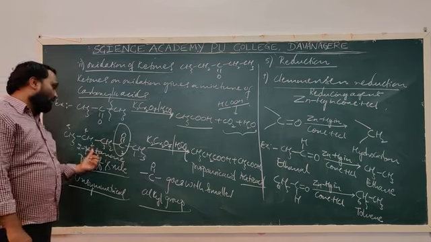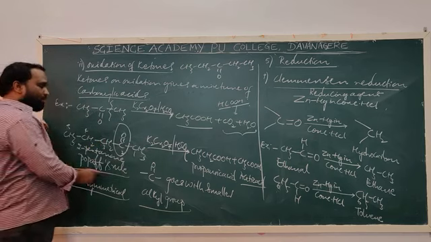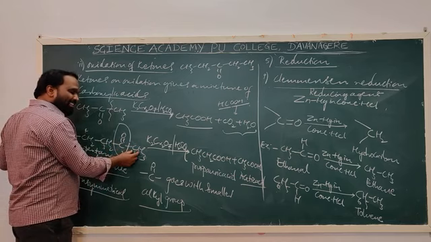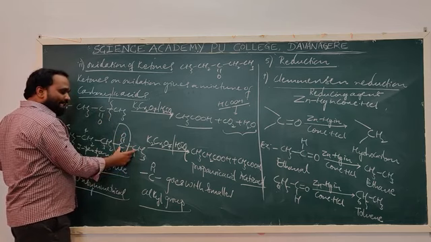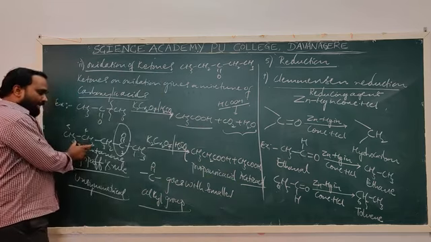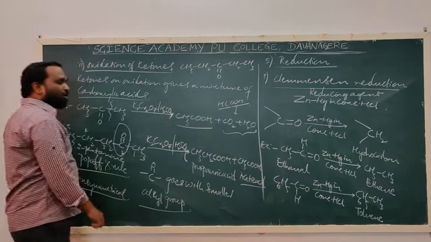So therefore, 2-pentanone on oxidation, according to Popoff's rule, this CO goes with this alkyl group. As a result, one acid contains 2 carbon atoms, that is acetic acid, and another acid contains 3 carbon atoms, that is propanoic acid.